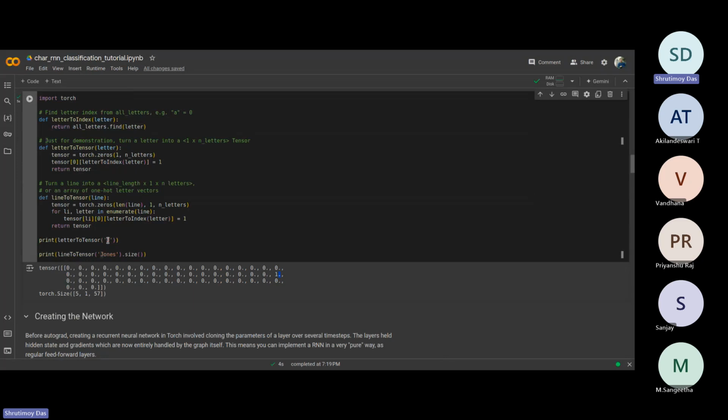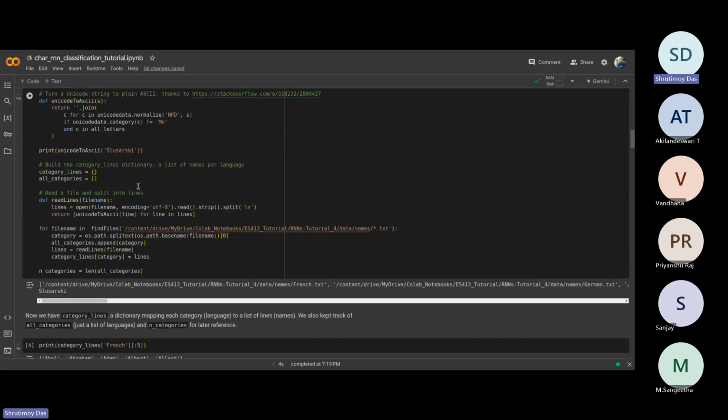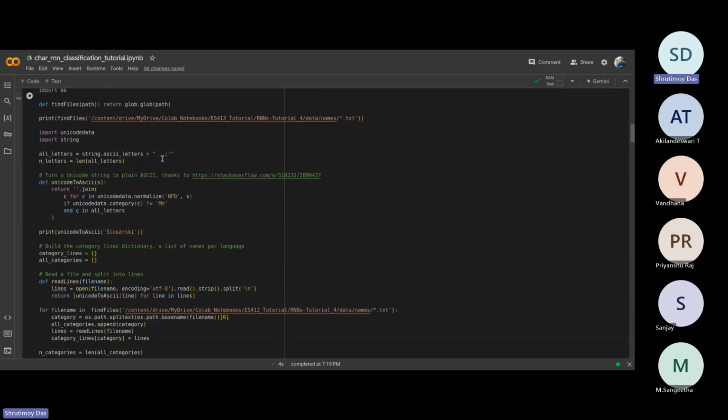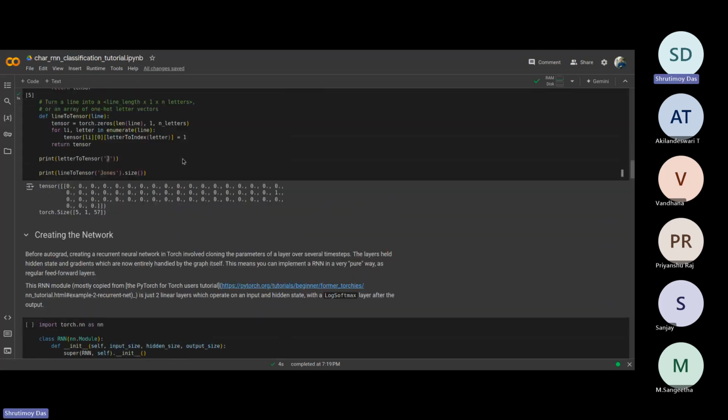For small characters you will have 26 spaces, and for capital characters you'll have another 26, so 52, and then some extra characters like full stop, comma, semicolon, and single quote. So you have a total of 57. This is what the embedding of J will look like. If I change it to, say, small o, it will be different.